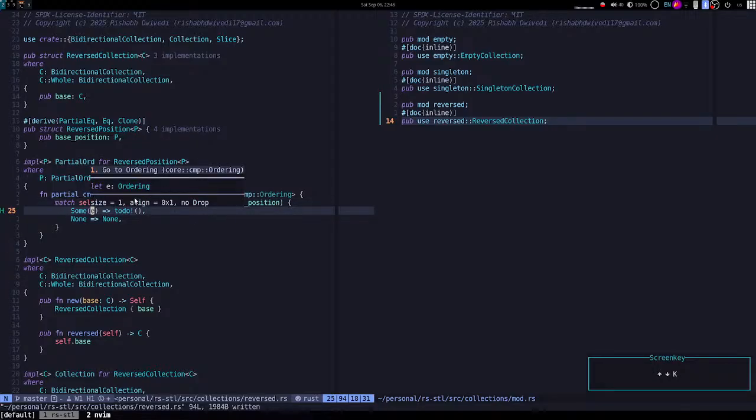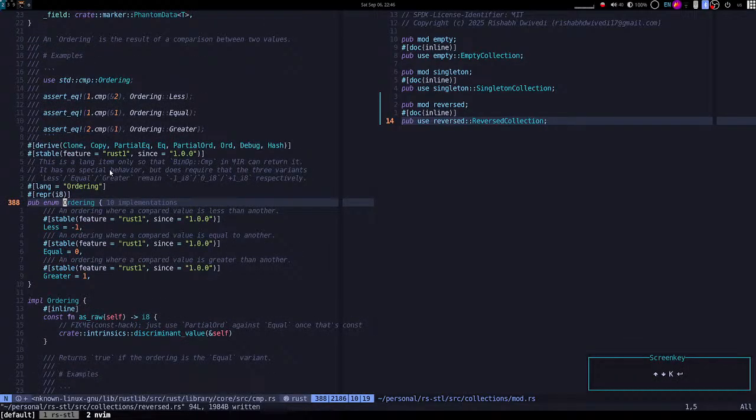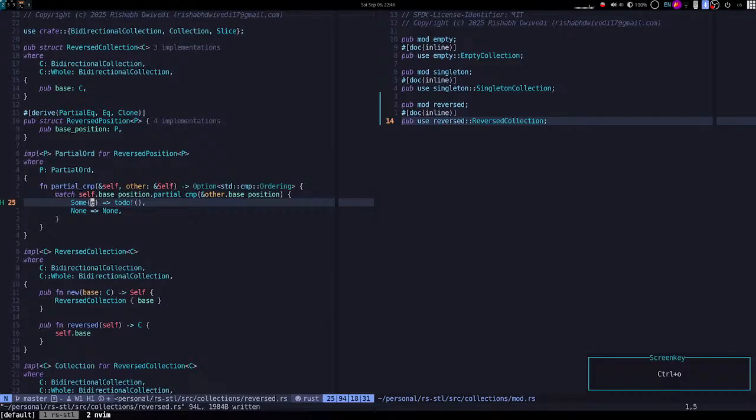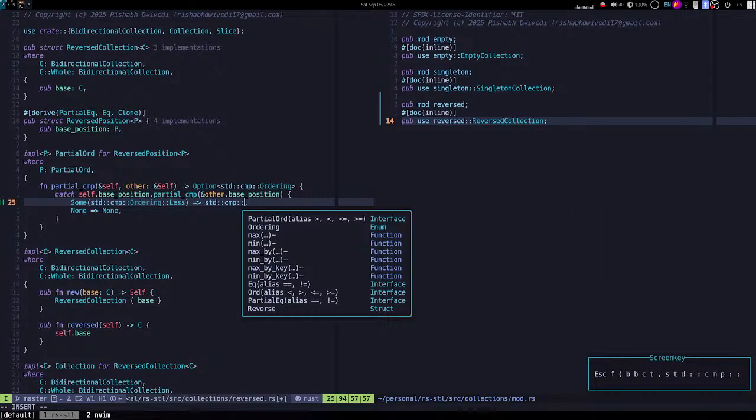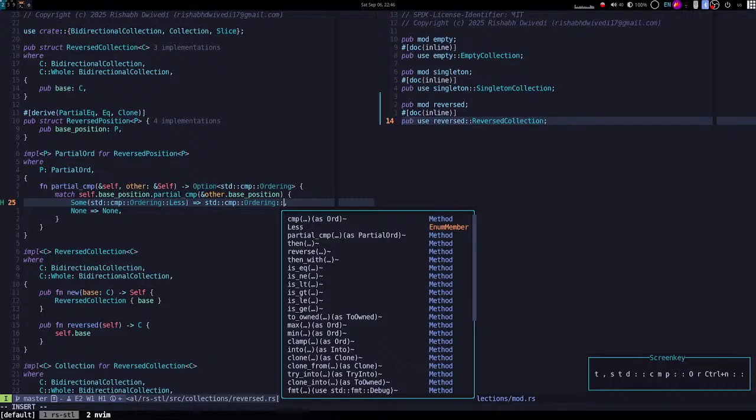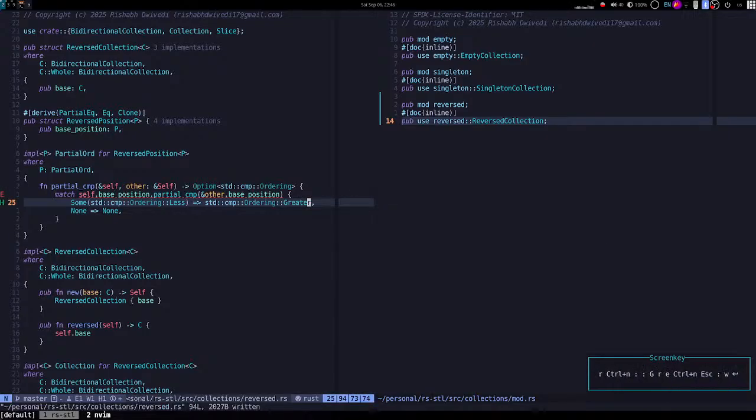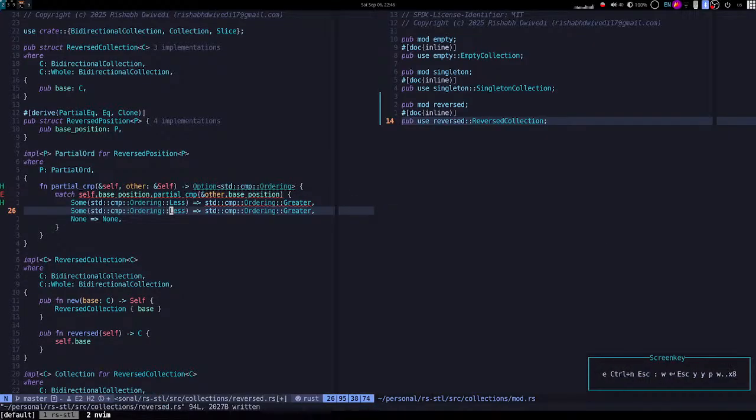Okay, how can I go to ordering? Okay, there is less, equal, and greater. So sum of less, right? So it should instead be comp ordering: greater, equal.